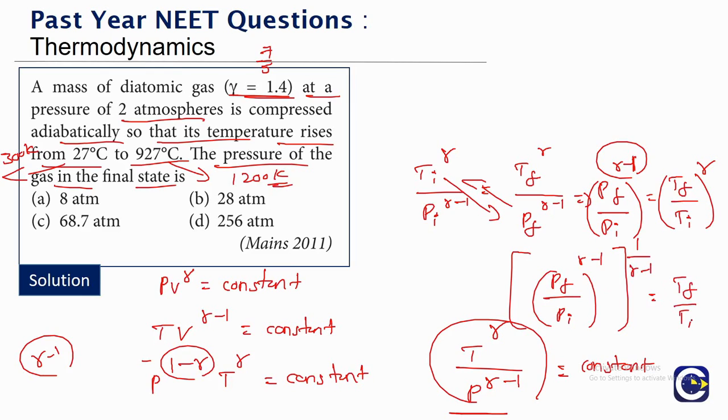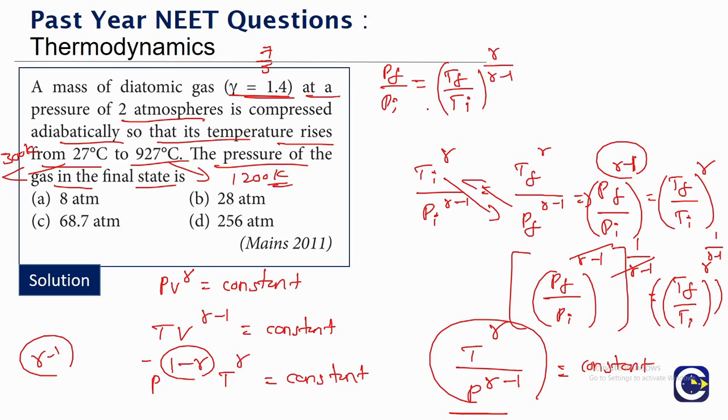So T final by T initial, already there is the power gamma. We will raise it to what? 1 by gamma minus 1, both sides. Then here this gamma minus 1 is cancelled. What we will be having? We will be having P final by P initial is equal to what? RHS side, T final by T initial whole power gamma by gamma minus 1.